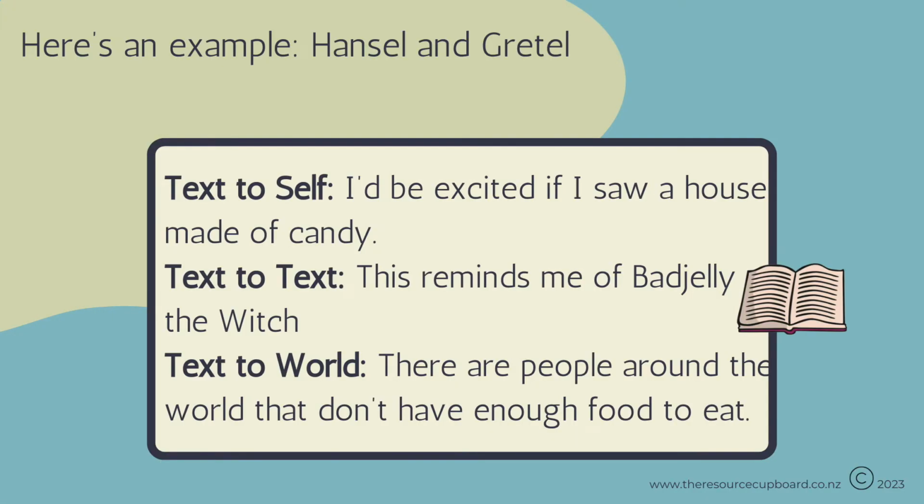Let's look at an example using the story of Hansel and Gretel. As a reminder, the story begins with their wicked stepmother convincing their father to abandon them in the forest because they don't have much food left. To find their way back, clever Hansel leaves a trail of breadcrumbs, but unfortunately, birds eat the breadcrumbs, and the children can't find their way home, soon becoming lost.